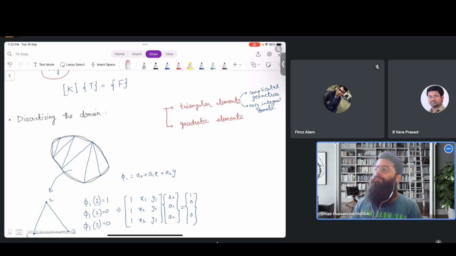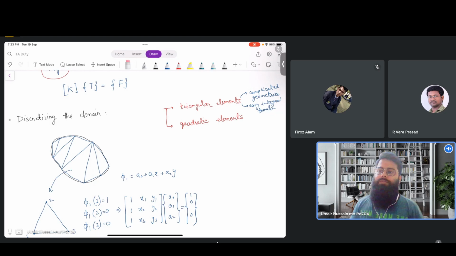Any guesses? Okay. So one thing in triangular is that for post processing, when you calculate the derivative of the solution, that is, in case of your equilibrium problem, your strains and stresses would turn out to be constant.